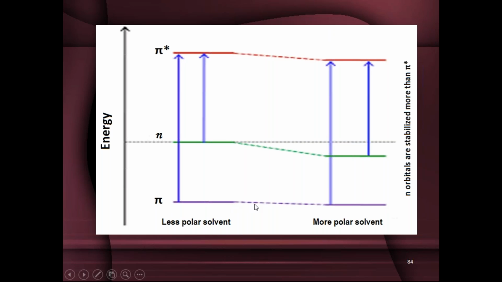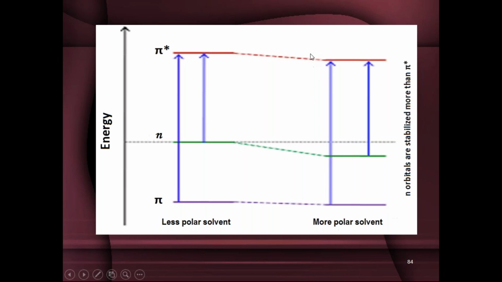Whereas the ground state is not lowered that much in energy. There is a lowering in the more polar solvent, but you see a very slight decrease, whereas here there is a greater decrease. The ultimate effect is that the difference in energy between these two states, pi and pi star, in a highly polar solvent reduces. You can see this length is reduced compared to this length.